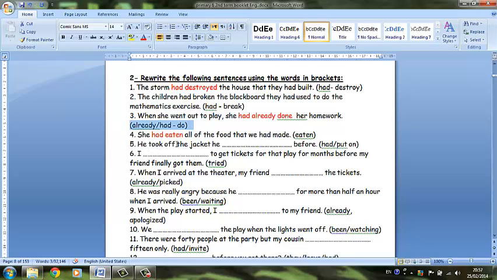He took off the jacket that he blank before. So we are asked to put on. Do you think that the time of wearing the jacket is a long time or a short time? Yes, it's a long time. So we have two answers we can write, and both are correct.